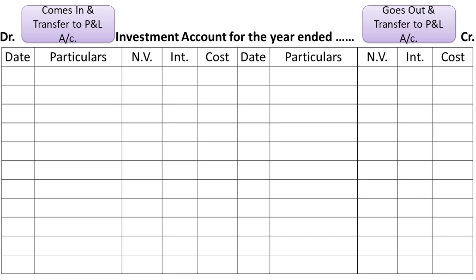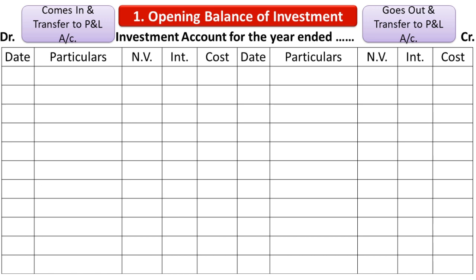Now let us start with the first transaction, that is opening balance of investment. As I told you, investment is an asset and asset always shows debit balance. Therefore, opening balance of investment account should be debited to investment account as to balance brought down by writing respective amount in respective columns.